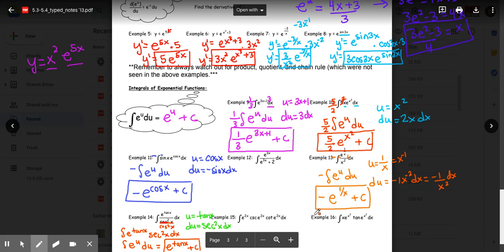Let's just do a couple more here. I know there's only 3 left, but looking at example 16. So there's a lot in here. And when you have trig in here also, and e is on the inside of trig, you're going to try to make u the inside of the trig function.